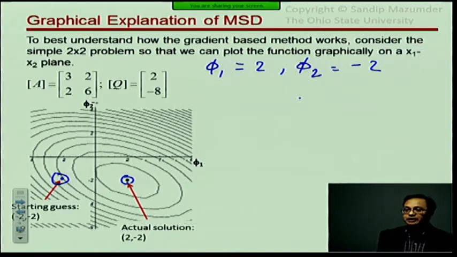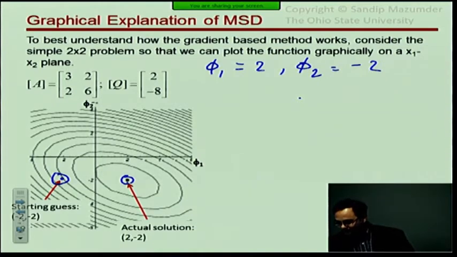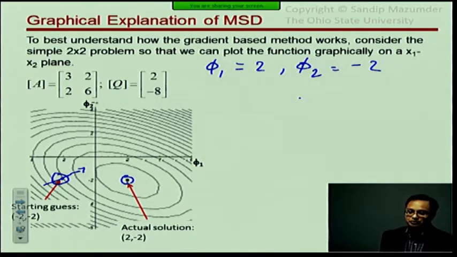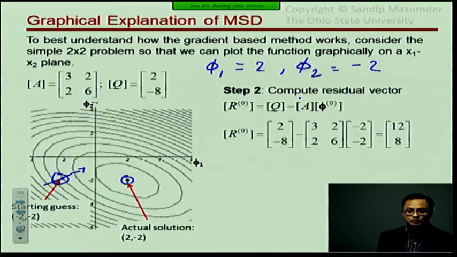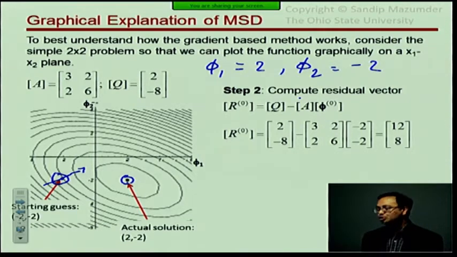What the method of steepest descent is going to do for us, you can immediately see, is we are first going to go along this direction, perpendicular to that contour. Now how do you get that? You calculate your residual first. We talked about this. Step number 2, after you've done your initial guess, is calculate your residual. The residual with our initial guess of minus 2 and minus 2 comes out to be that.